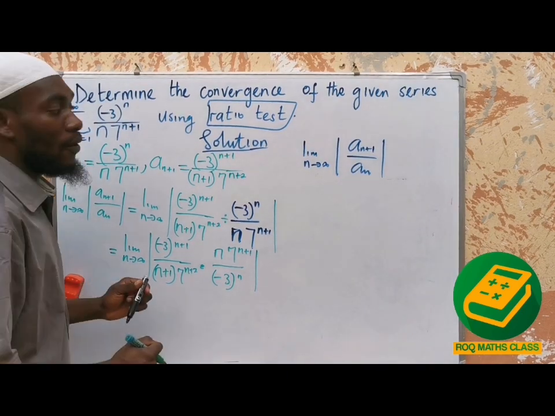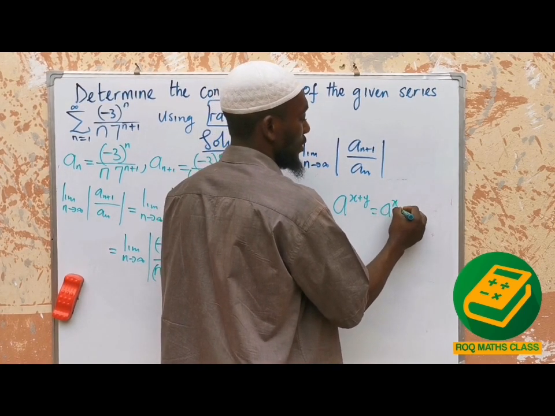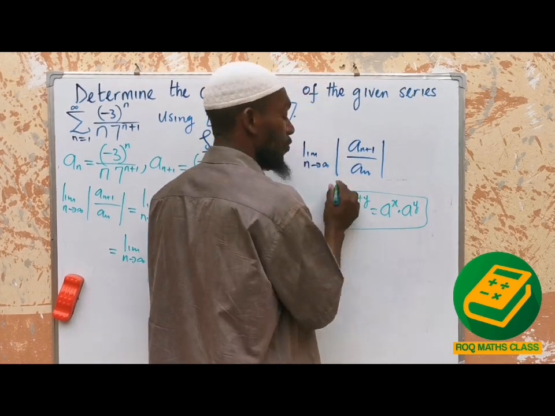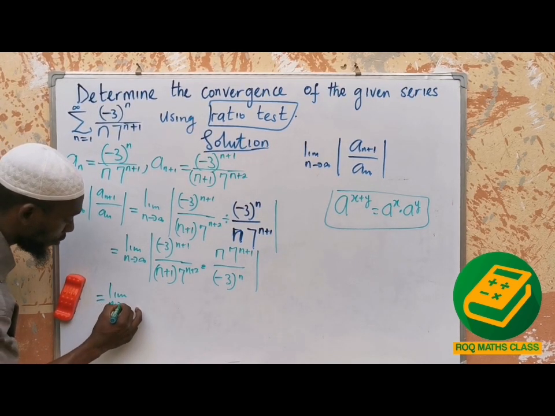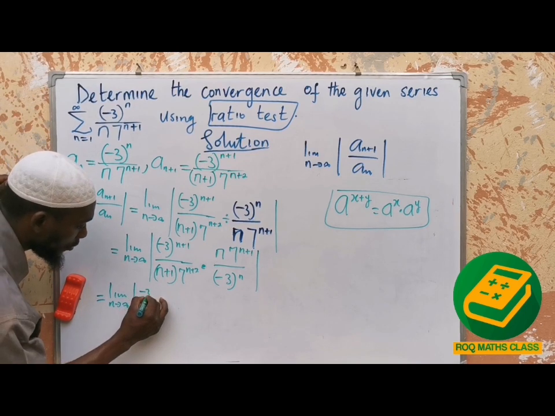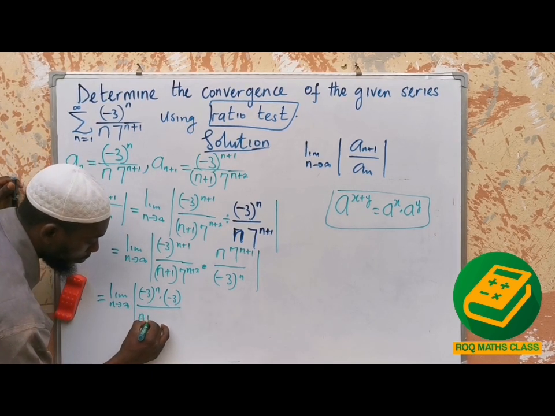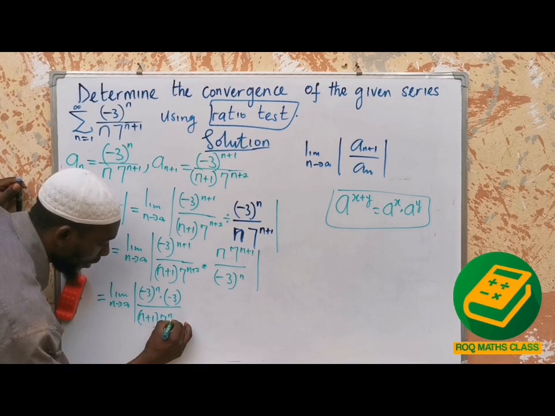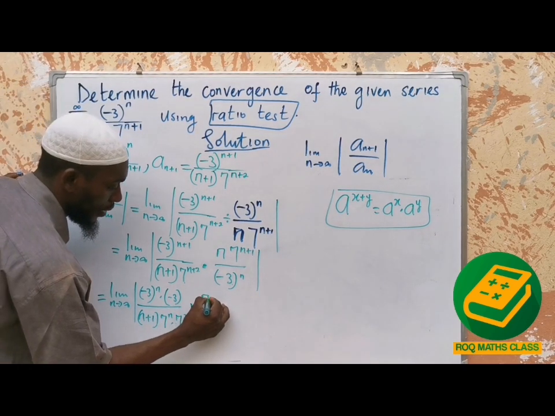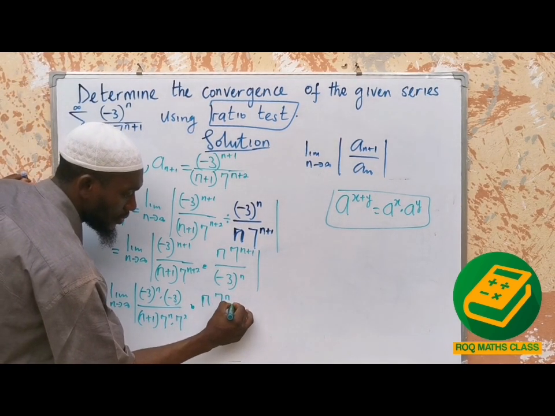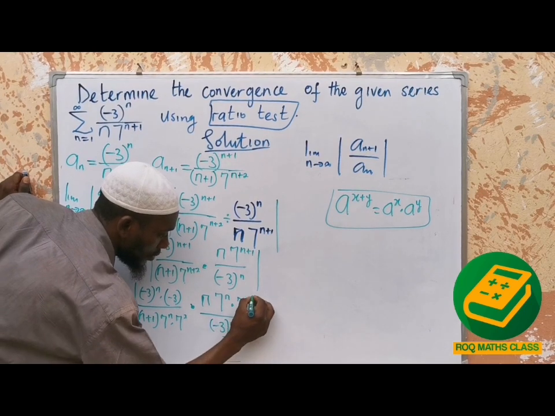If you can recall from our law of indices, whenever you have a raised to the power of x plus y, this is the same thing as a^x times a^y. So this can be written as (-3)^n times (-3)^1 over (n+1), then 7^n times 7^2, times n, then 7^n times 7^1 over (-3)^n.